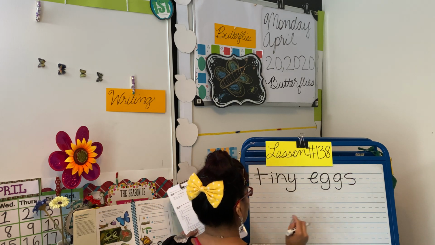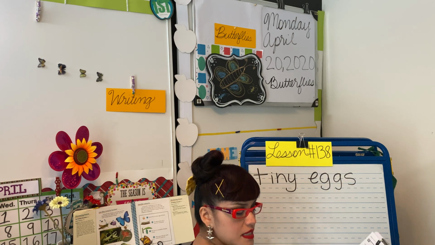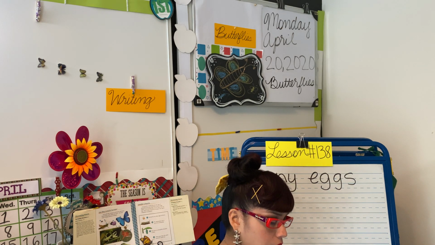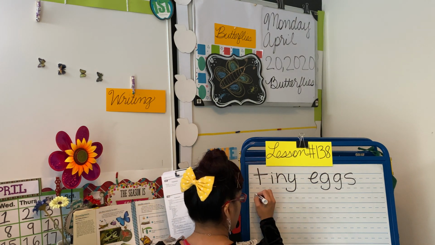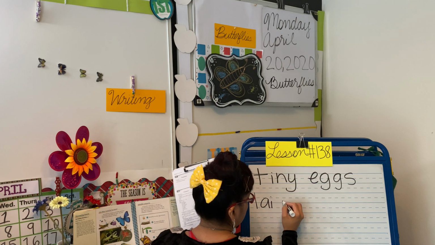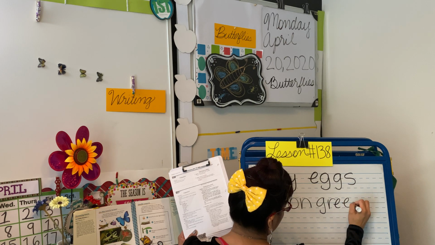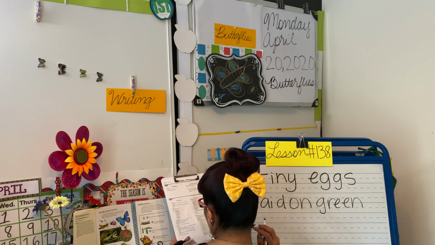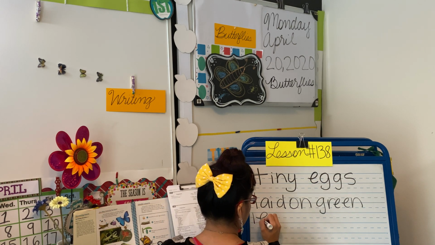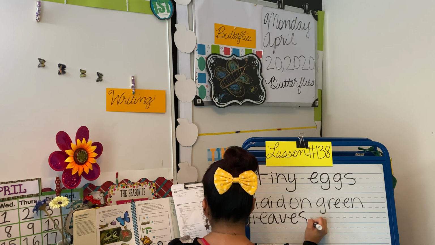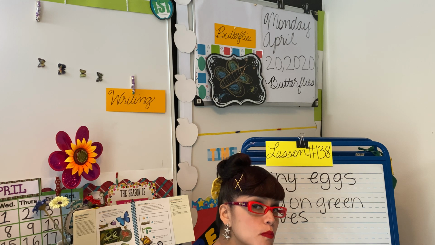They're keywords. So they start as tiny eggs. And these eggs are laid on green leaves. I'm going to put laid on green leaves. It's not a complete sentence. Caterpillars hatch from eggs.